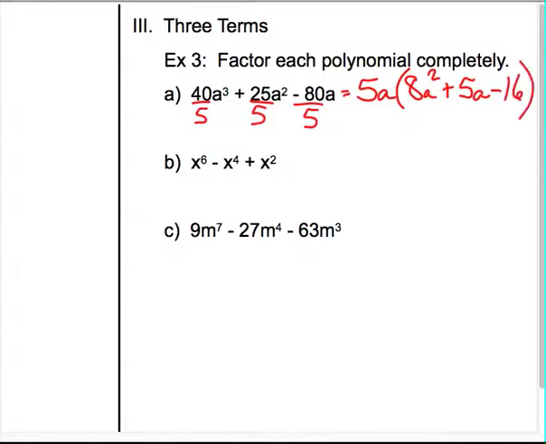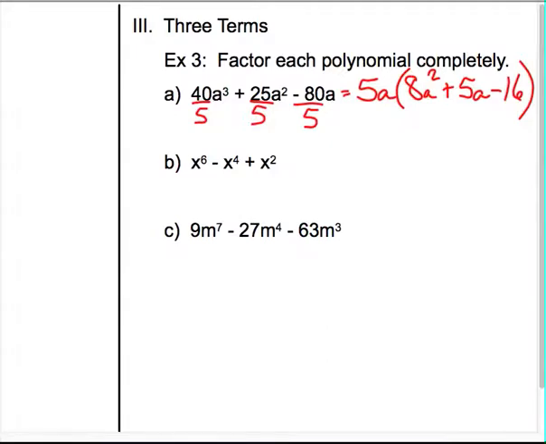And I pulled the a out, so there's no a's left. Looking at the 3 terms inside my parentheses, 8, 5, and 16 have no common factor, and there's not a variable on every term, so I think I found the greatest common factor.